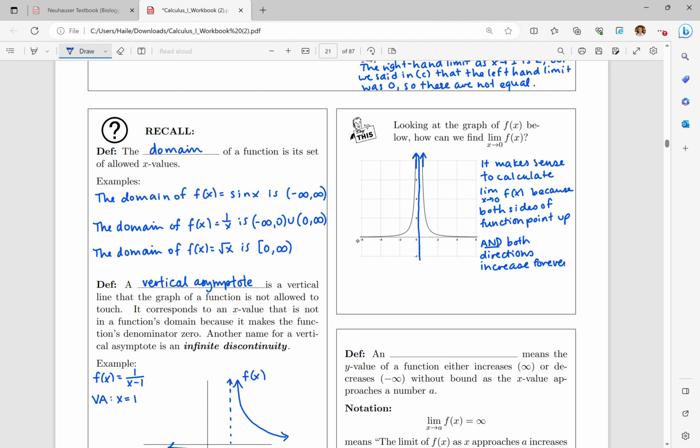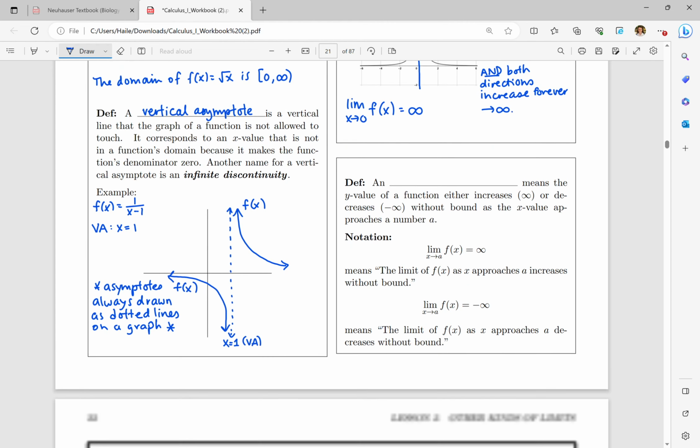And the way we say increase forever or increase without bound is it goes to infinity. So we might say that the limit as x goes to 0 of f of x is equal to infinity. Okay? So it turns out this is another kind of limit.